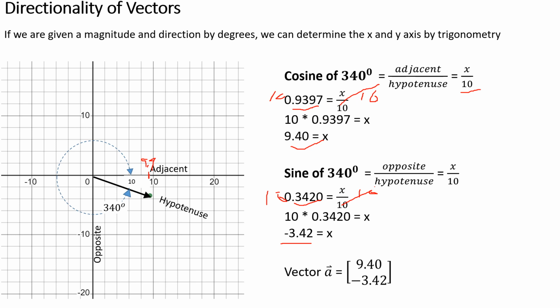What I get here is a y-axis value of negative 3.42, which looks about right. This is 2, here's 4. It's a little over 3, but not much more. So it looks like it's about 3.5 right there. So my vector A is 9.4 on the x-axis and negative 3.42 on the y-axis, and in column format it is written as 9.4, negative 3.42.